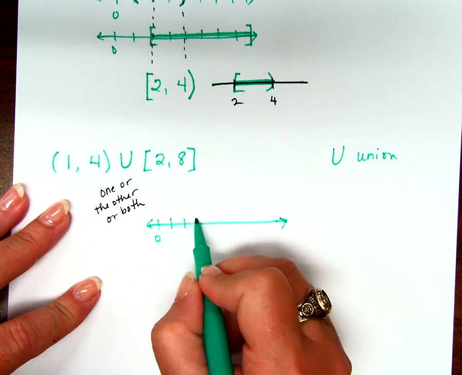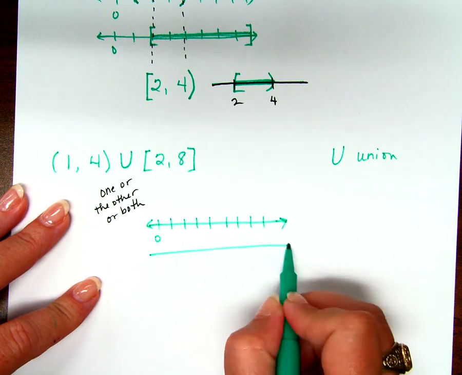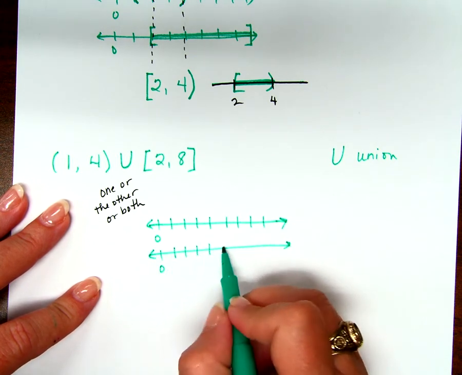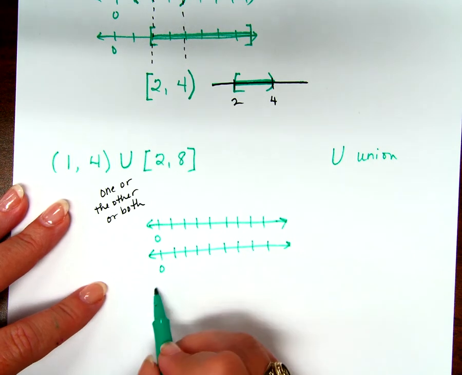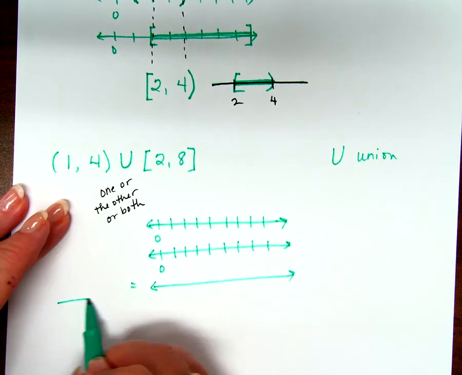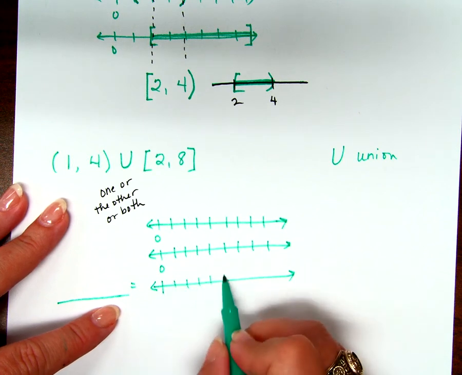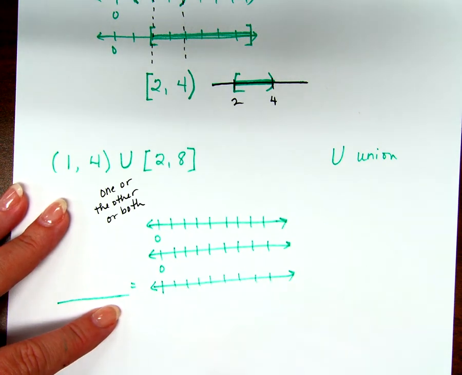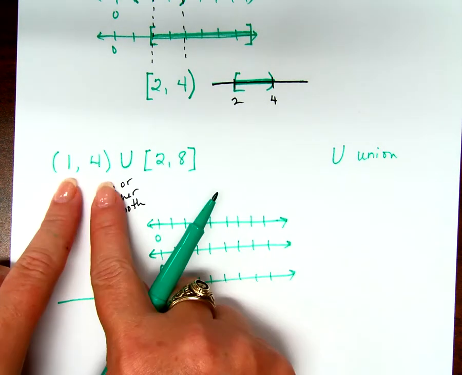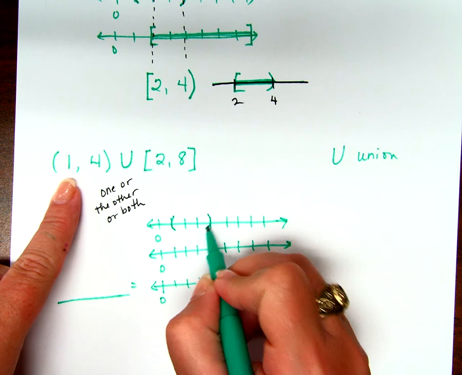1, 2, 3, 4, 7, 8. 1, 2, 3, 4, 5, 6, 7, 8. So 1 to 4 looks like this. 1, 2, 3, 4.